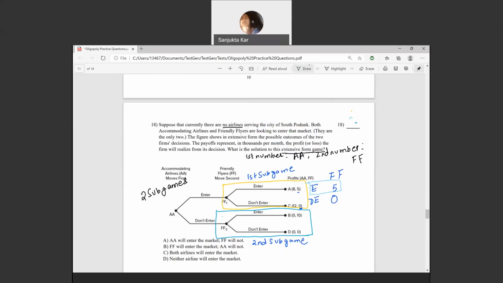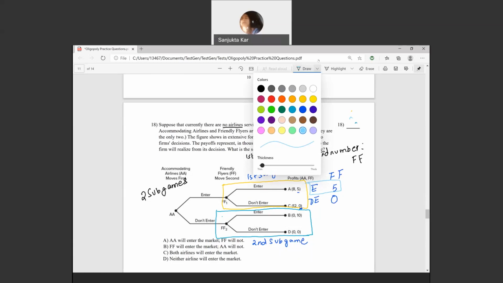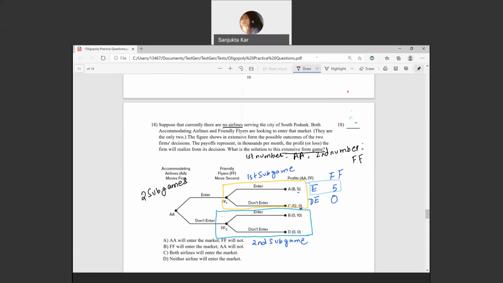Now take a look at the next subgame, subgame 2, where AA is not going to enter and FF has a choice between entering and not entering. So if FF enters, FF has a profit of 10.